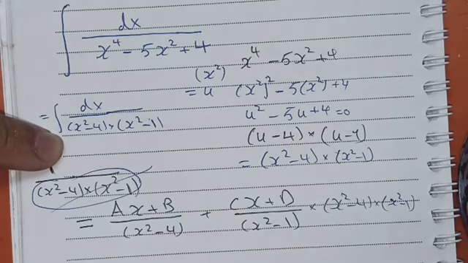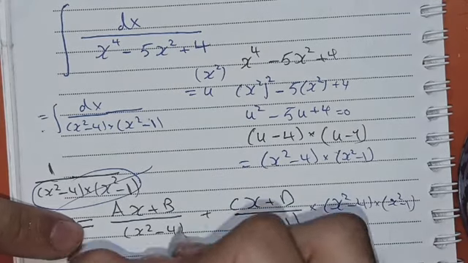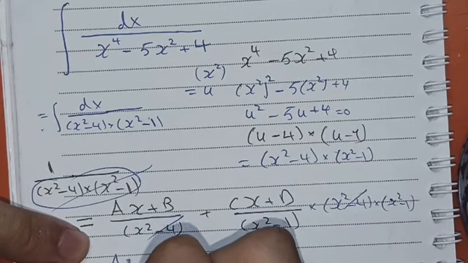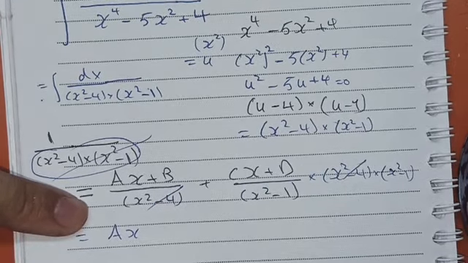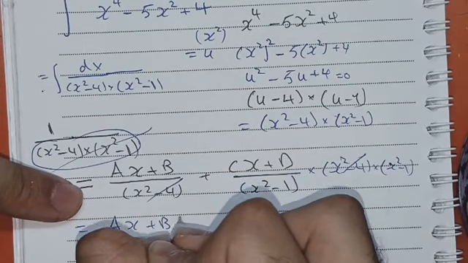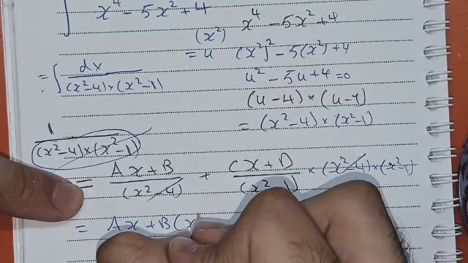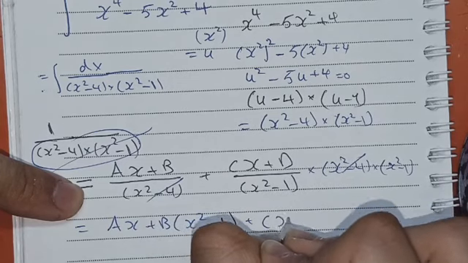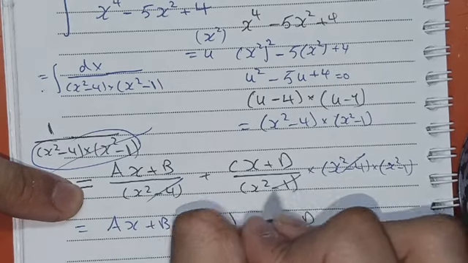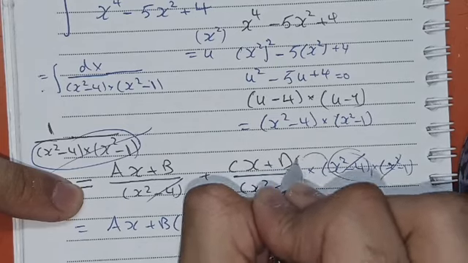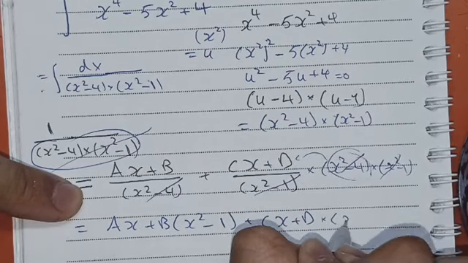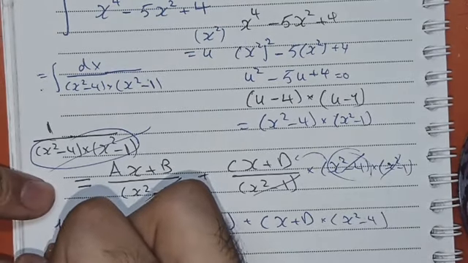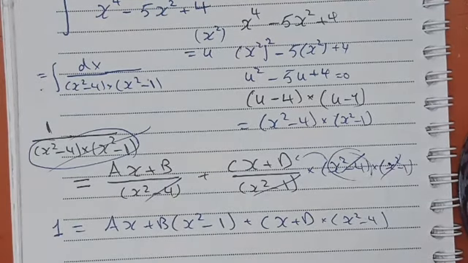So this will be cancelled from here, and here I will cancel this with this, so I will have (ax + b) multiply (x² − 1) plus (cx + d), and here these two will cancel, and we have this multiply this, which will be equal to 1. We need to simplify this.